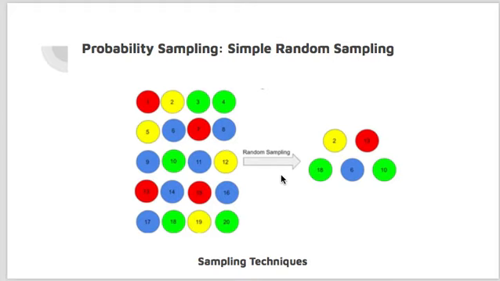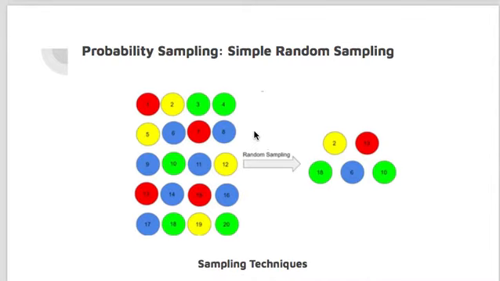One big advantage of this technique is that it is the most direct method of probability sampling. We are giving equal importance to all the individuals, all the elements in the population.